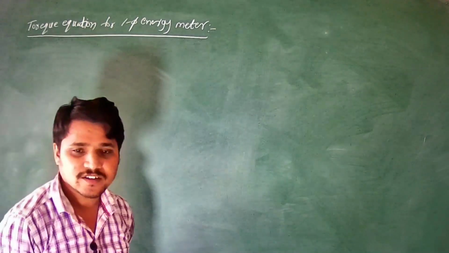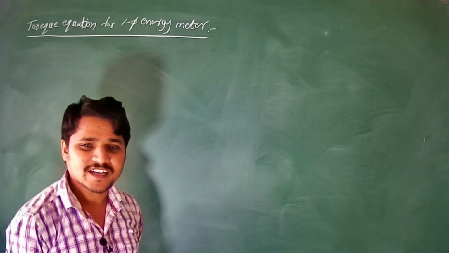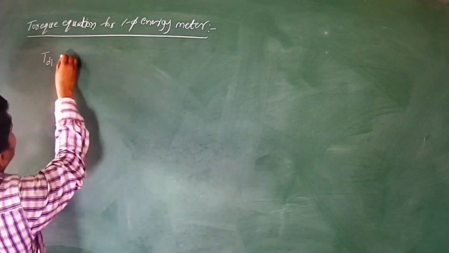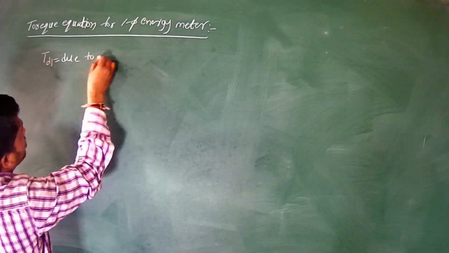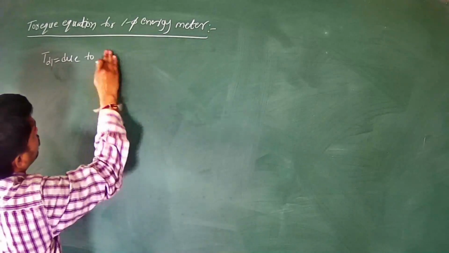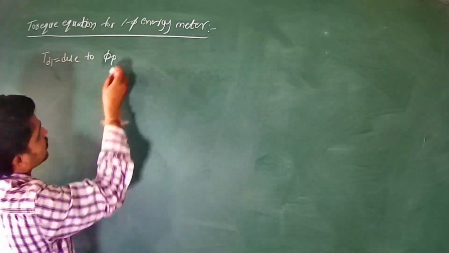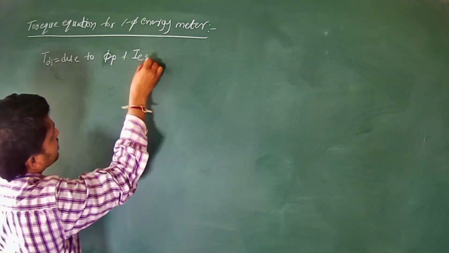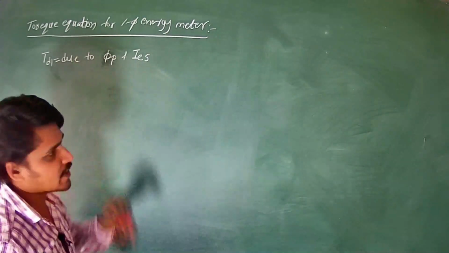As we have discussed, there are two torques present due to the shunt and series magnets. So here TD1, the deflection torque due to phi p, that is the flux due to the pressure coil, and eddy currents of the current coil, eddy currents due to the current coil in the aluminum disc.